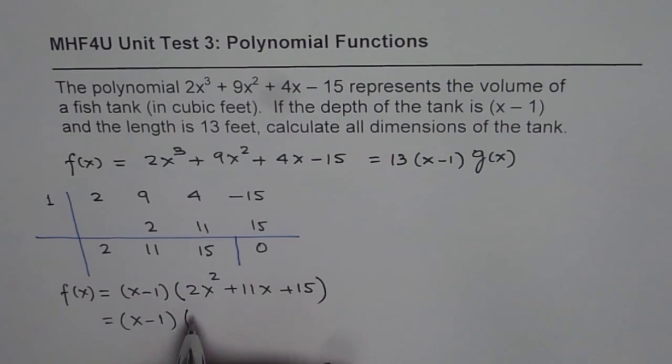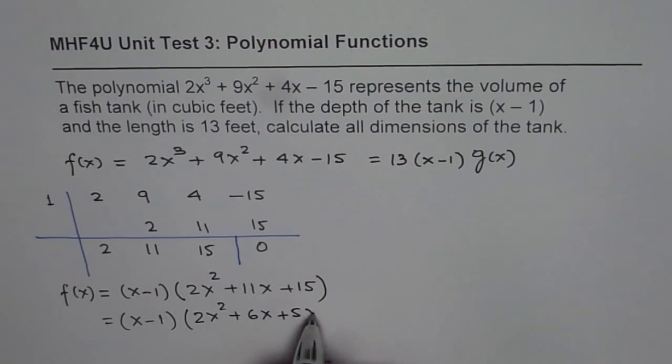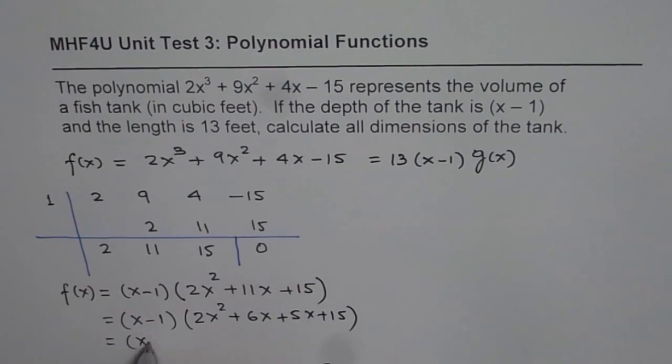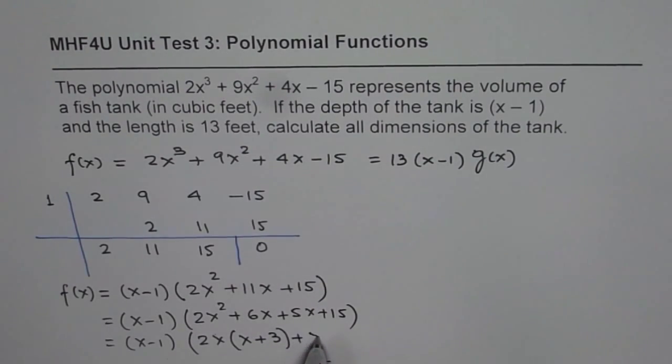So we can write this as 2x squared plus 6x plus 5x plus 15. And we can further factor it. I can take 2x common, and we get x plus 3. And here we take 5 common, and we get x plus 3.